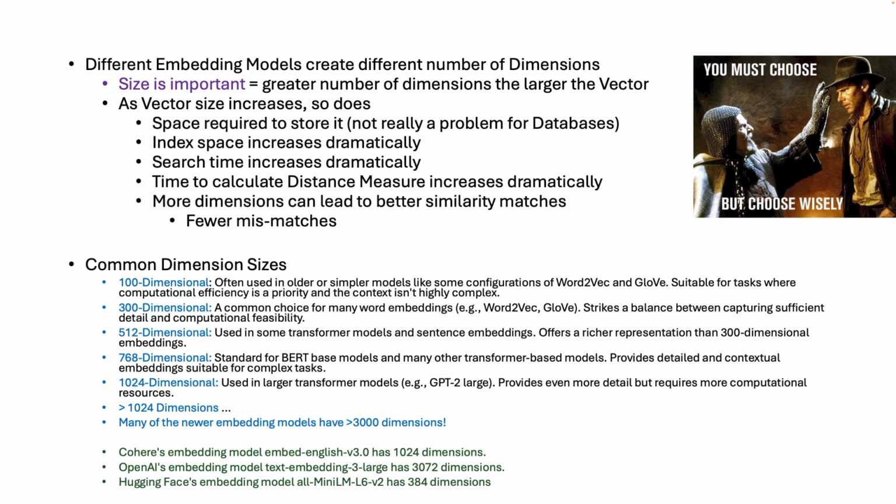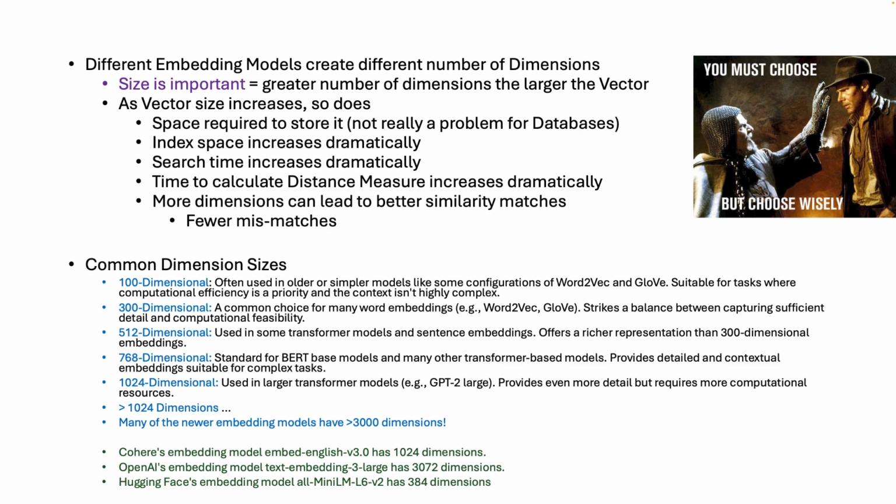Index space increases, search time increases, and time to calculate the distance measures increases, which is effectively the degree of similarity. But the more dimensions we have, the better the similarity match, so fewer mismatches. Now, we can always have mismatches, and we'll look at some aspects of that in the next video. But the more we have, the better it can be.